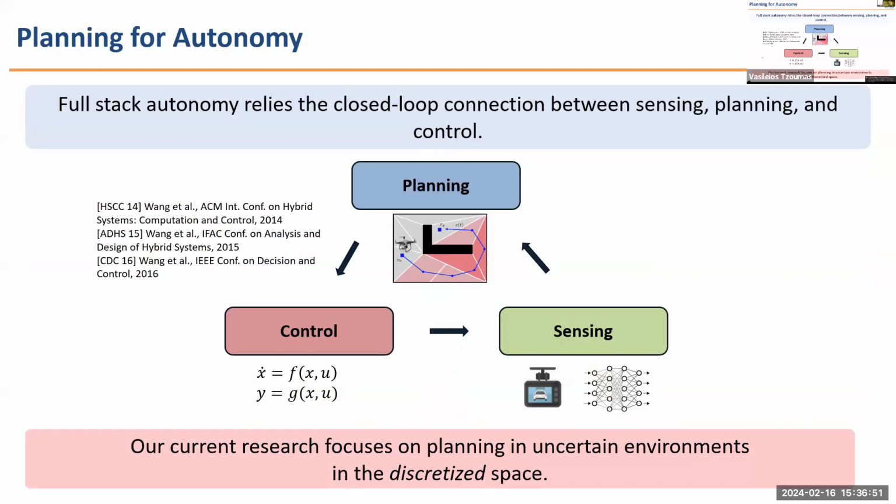Although all these autonomous systems look very different, if you want to realize the full autonomy stack, you basically need to do three things: sensing, planning, and control. Sensing is when you add a bunch of sensors to your system to figure out the current location of your system and the surrounding environment. Then you send it for planning. For example, if I want to do a navigation task, I need to generate a set of waypoints.